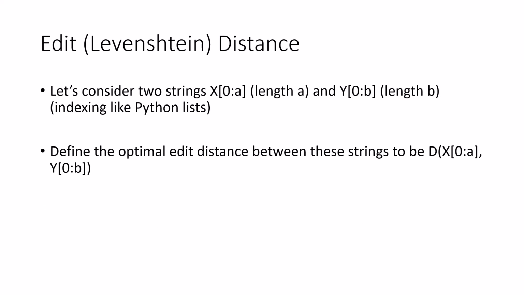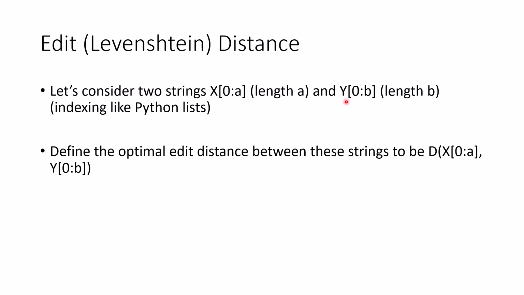Okay, so let's try to solve this problem in the general sense. So I'm going to consider two strings, one string of length A and another string of length B. And in terms of terminology, let's just index them kind of like Python lists. So the entire string x is going to consist of indices from 0 to a minus 1, so x of 0 colon a.